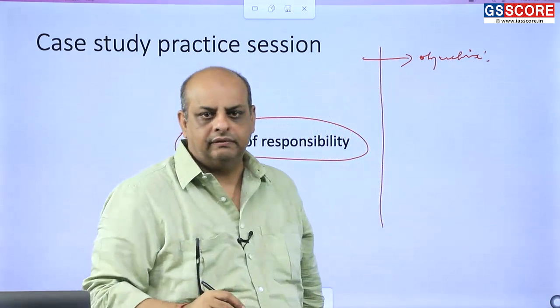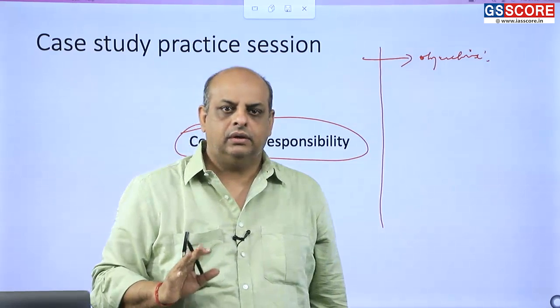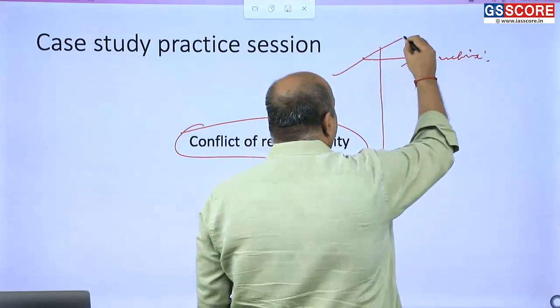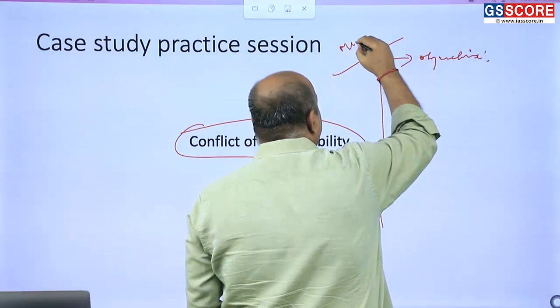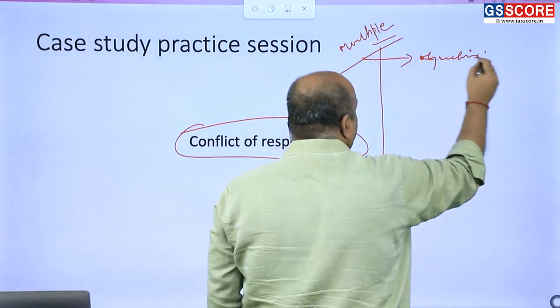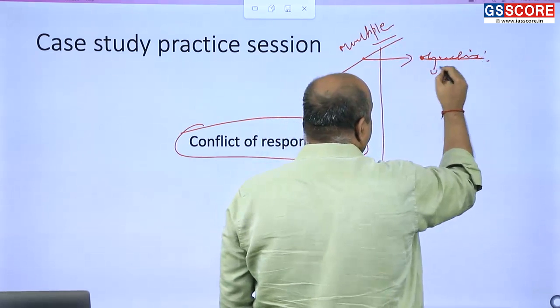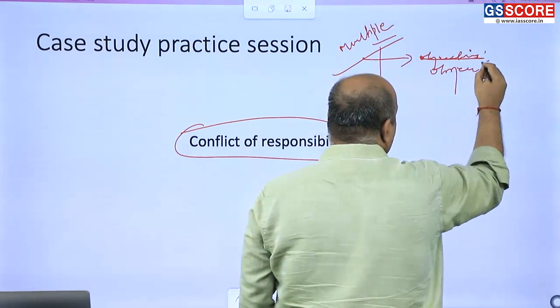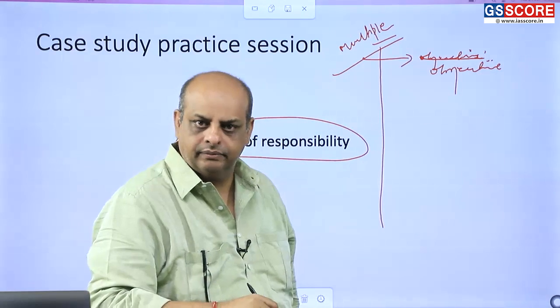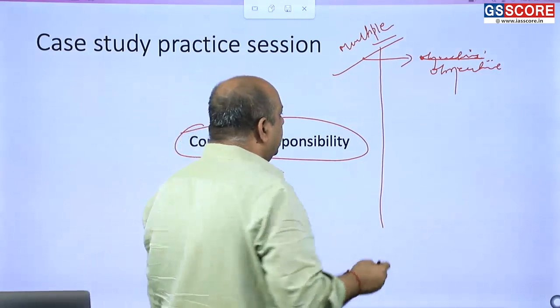What is your objective? Do you understand the objective or not? Here the problem is that in many cases you will find there may be multiple objectives, meaning you may have 2-3 objectives.